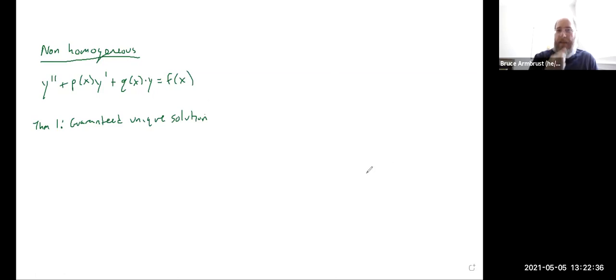Okay, good, Ralph. You said the functions of x are all continuous. That's true. What we need is p, q, and f are all continuous.